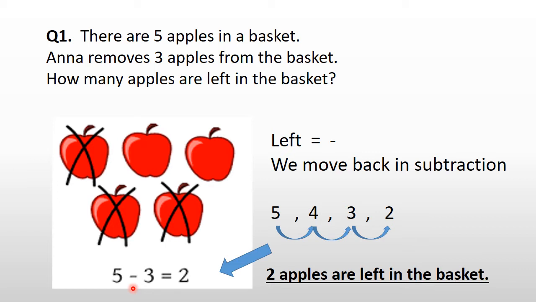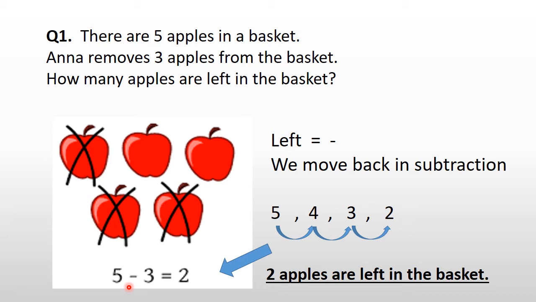You used to open 3 fingers and then count 5, 6, 7, 8, right? But here we have minus. So what would you do? You would now open 5 fingers and close 3 fingers. You will cut 3 fingers. So how many are left? 2 fingers are left.